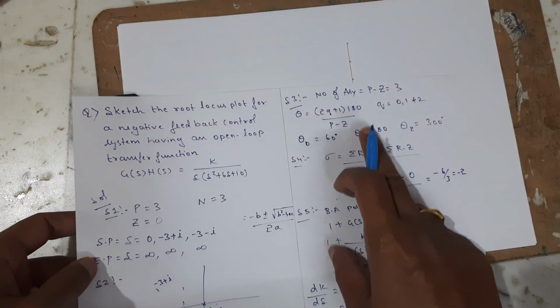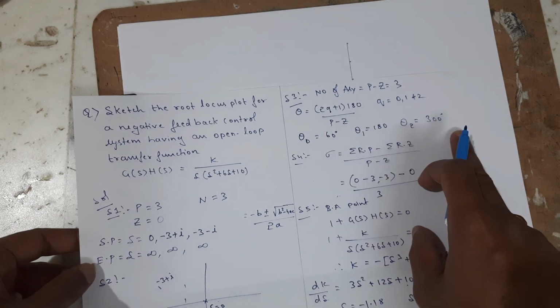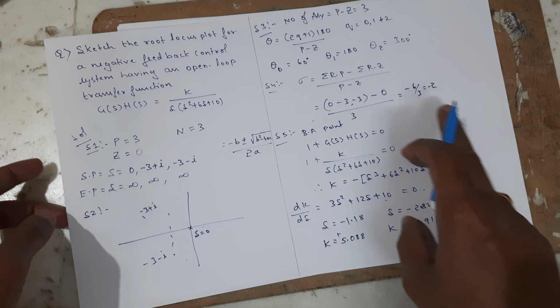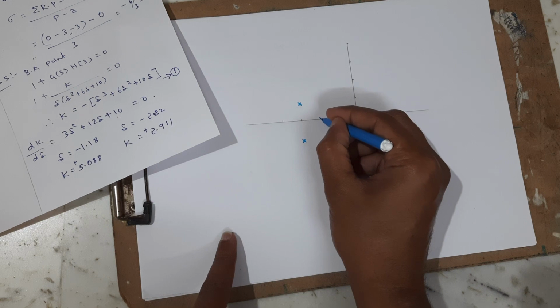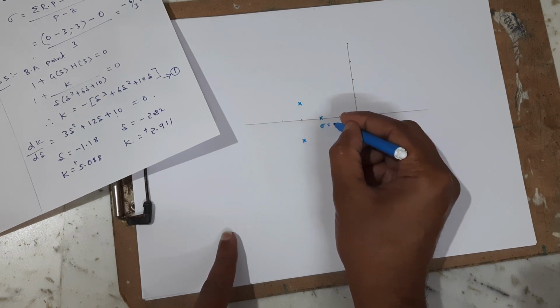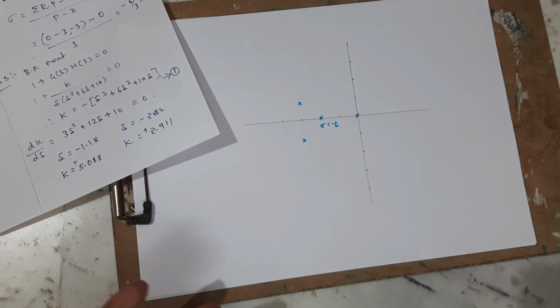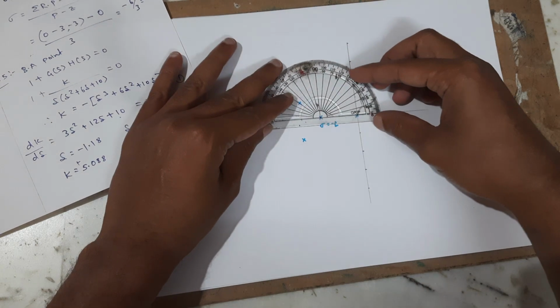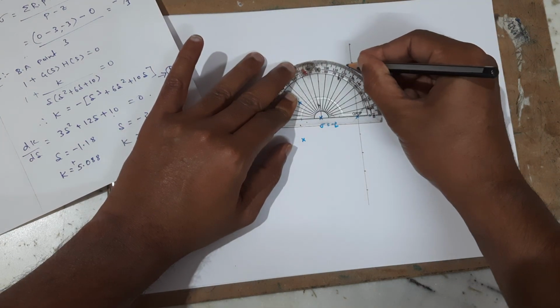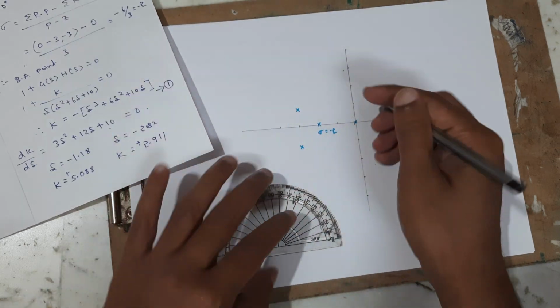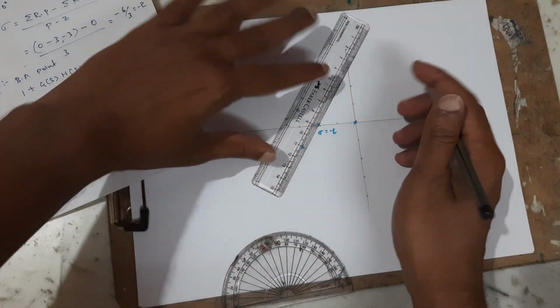What next? We need to draw the asymptotes. We have 3 asymptotes from the centroid. What is the centroid? We found it to be minus 2. So this is the centroid, minus 2. From the centroid I am going to draw the angles. What are the angles? The first one is theta 0, which is equal to 60 degrees. With the help of a protractor I am going to mark 60.